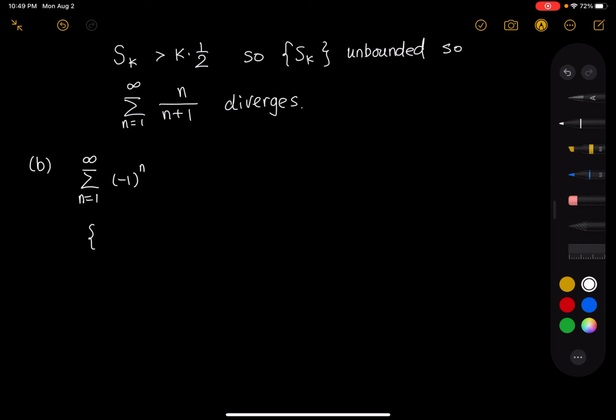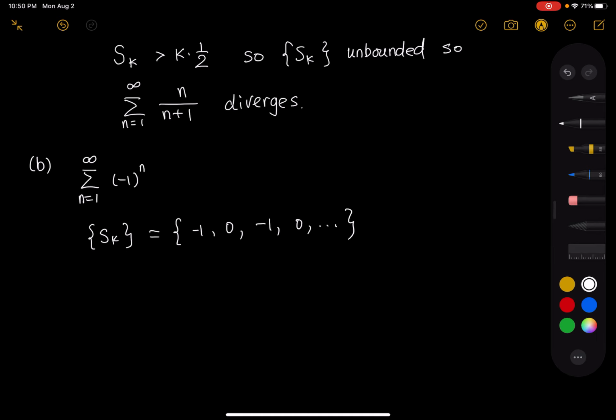So this sequence S sub k will equal, when k equals 1, we get -1. The next one is -1 plus 1, so we get 0. The next one is 0 plus -1, right? So -1. And then the next one is -1 plus 1, so you get 0, and so on.